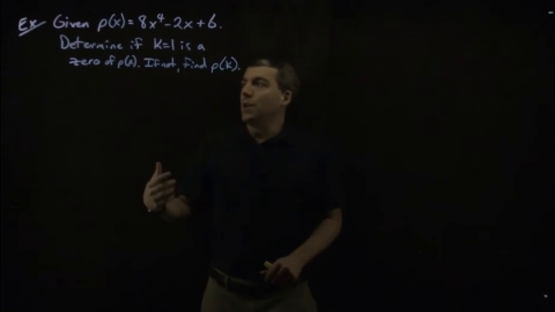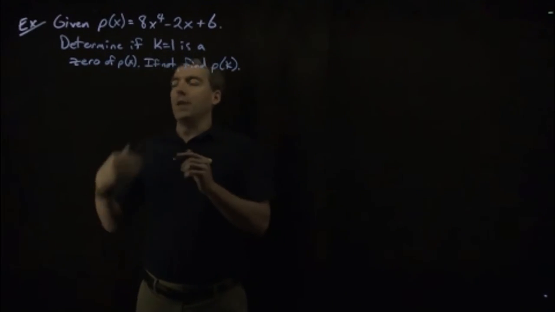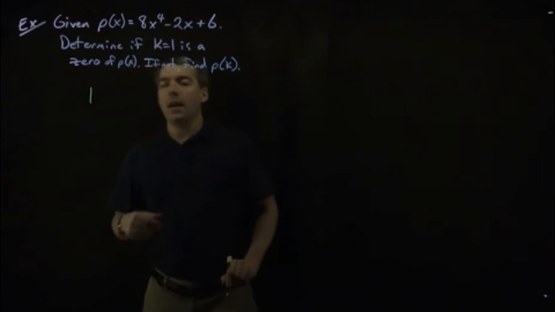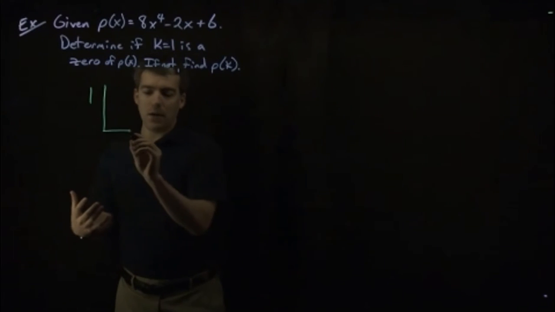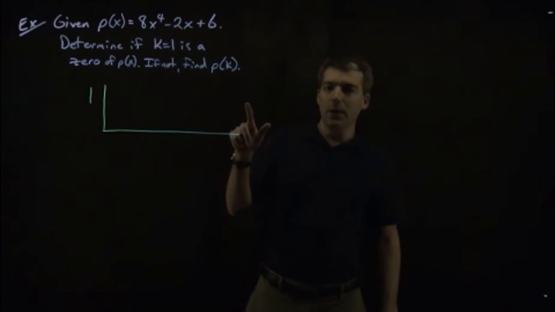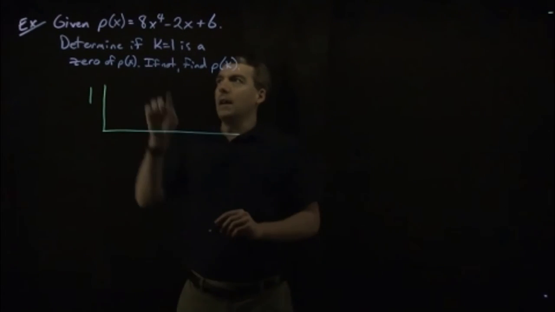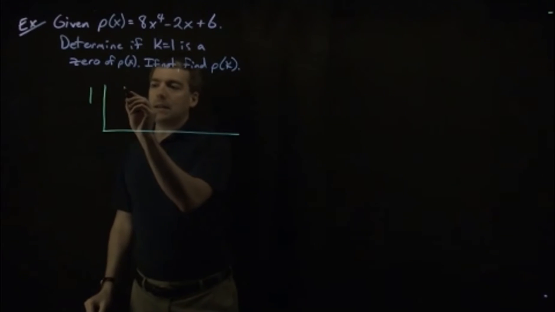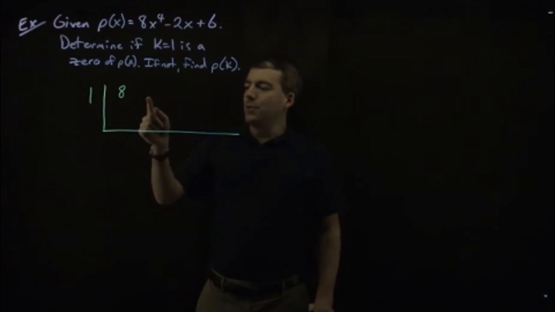All right, so what we want to do is set up our synthetic division algorithm. Start with the number here, 1, and then we'll set up the grid. So we've got the vertical line here, horizontal, and then we want to list the coefficients of our polynomial in descending power order. So we start off with 8x to the fourth, the coefficient is 8, and then we go to the x cubed term.